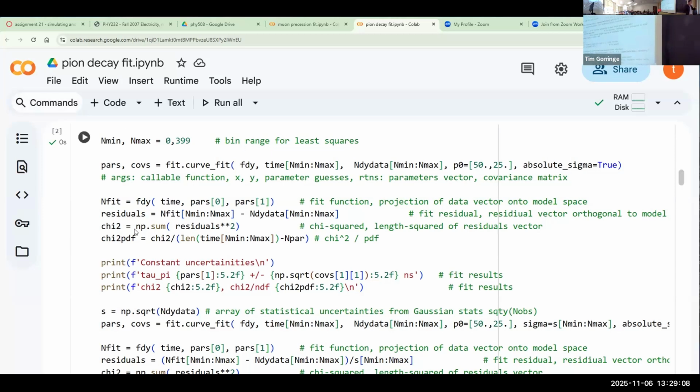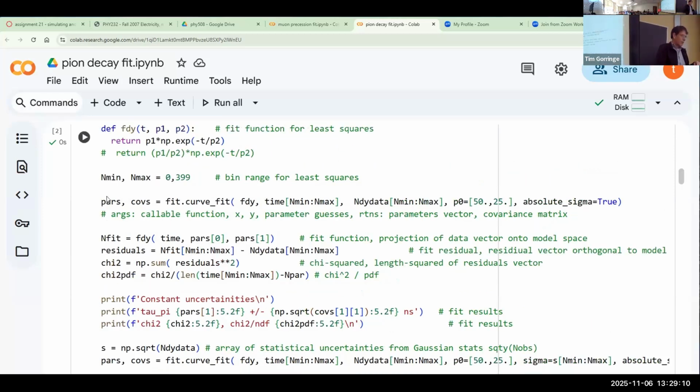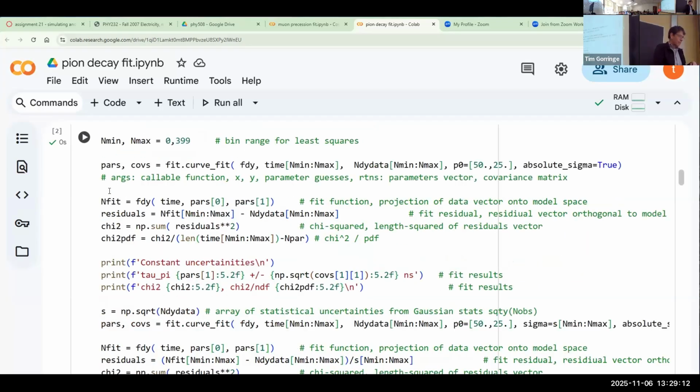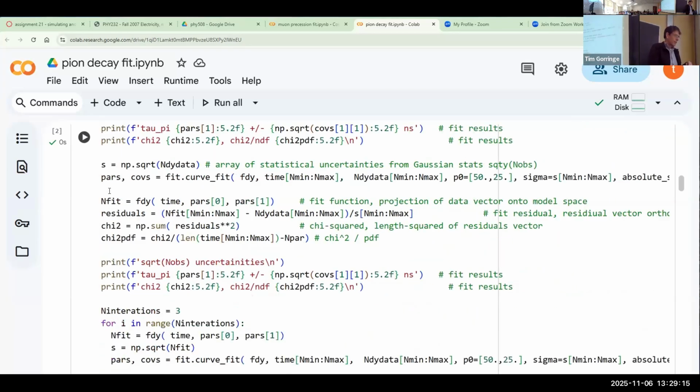Now I'm going to follow that procedure several times. This is my second call to curve fit.